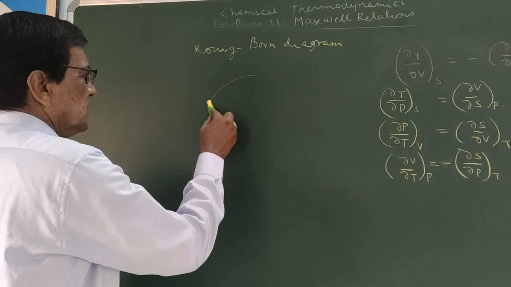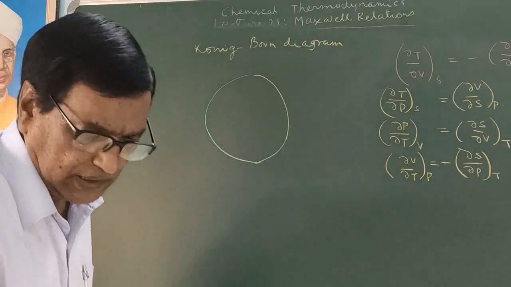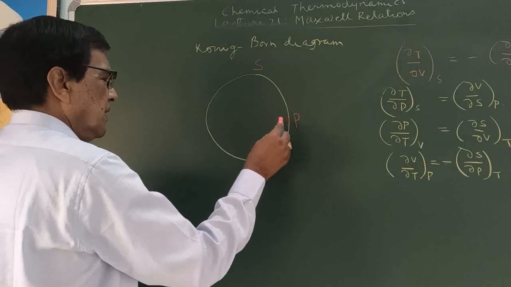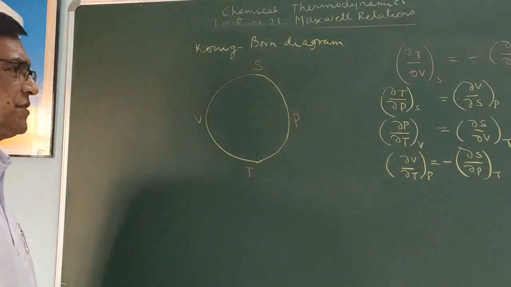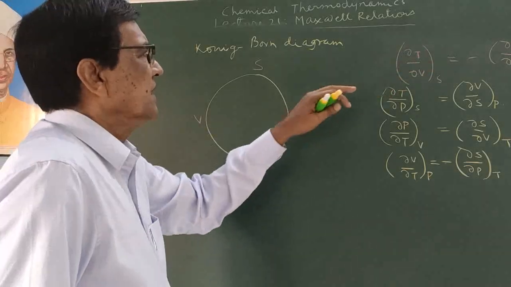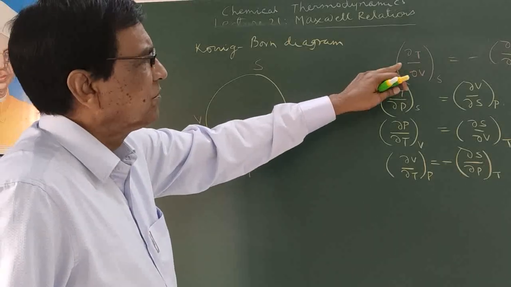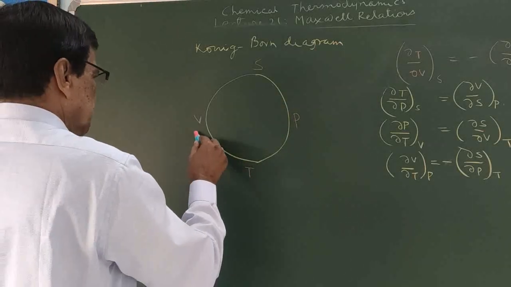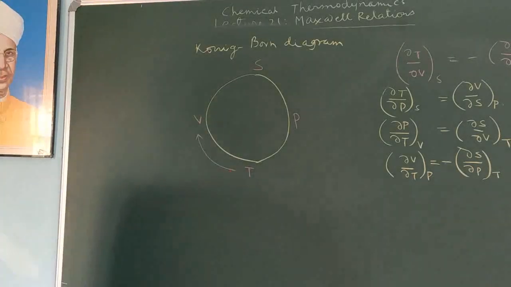Suppose we consider one circle, and on this circle we place S, P, T and V. These are the variable parameters. Suppose we want to find these relations. To find this relation, it comes from T to V, with one arrow, a clockwise arrow.